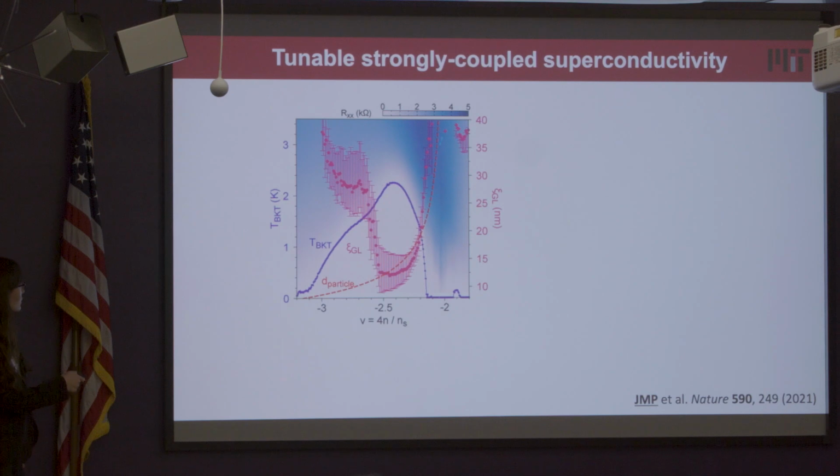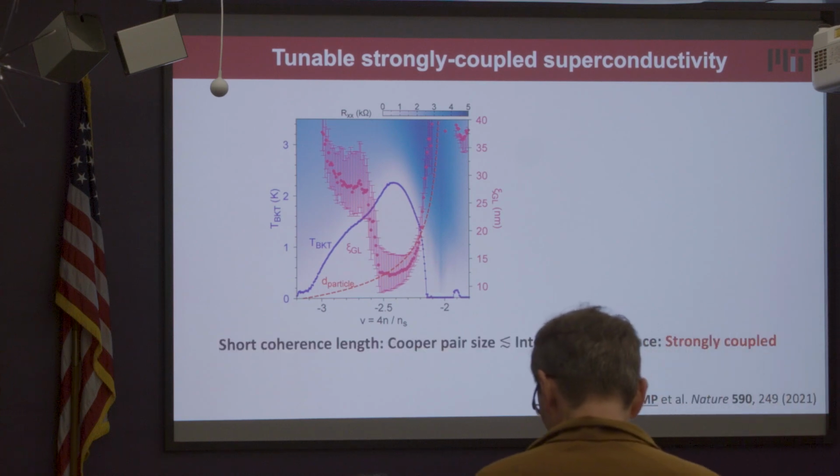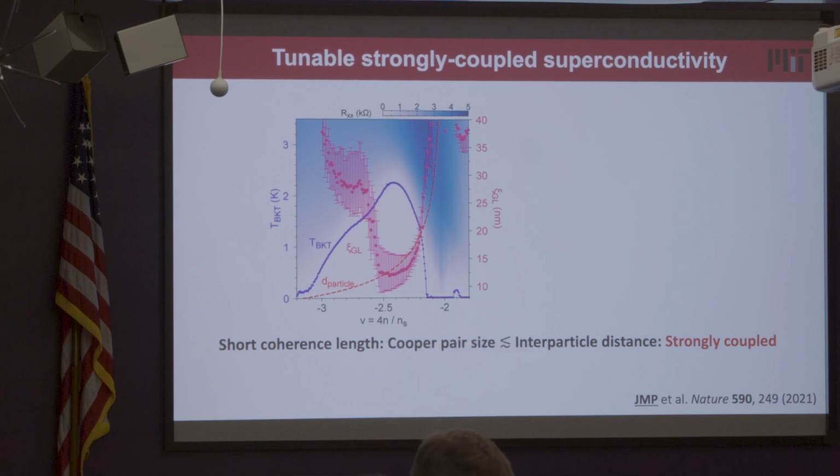This average inter-particle distance is actually calculated from our Landau fans, and it's not some random value. So this is the estimated inter-particle distance in this particular device, and we can compare that value to the coherence length, and you can see that they're on a very similar scale of the Moiré length. That really tells us that our Cooper pair size is probably at most the average inter-particle distance, which makes it a strongly coupled superconductor.